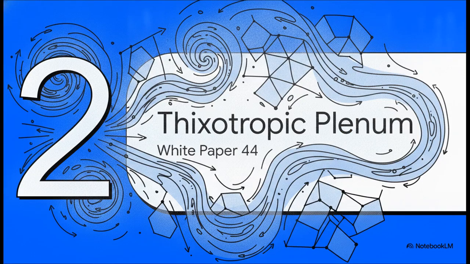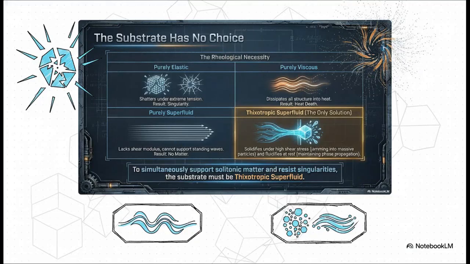Moving on to Section 2. Let's look at the thixotropic plenum and the rheological necessity laid out in White Paper 44, which dictates the precise nature of this fluid substrate. Now mathematically, a purely elastic or purely viscous medium just outright fails to satisfy our non-orientable topology. An elastic fluid under the immense tension of this universal topology would inevitably shatter and collapse into infinite singularities, which obviously breaks our primary axiom.